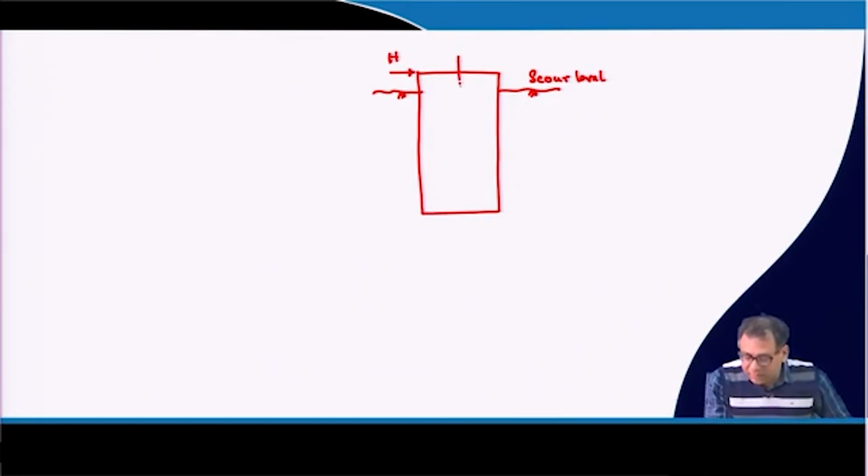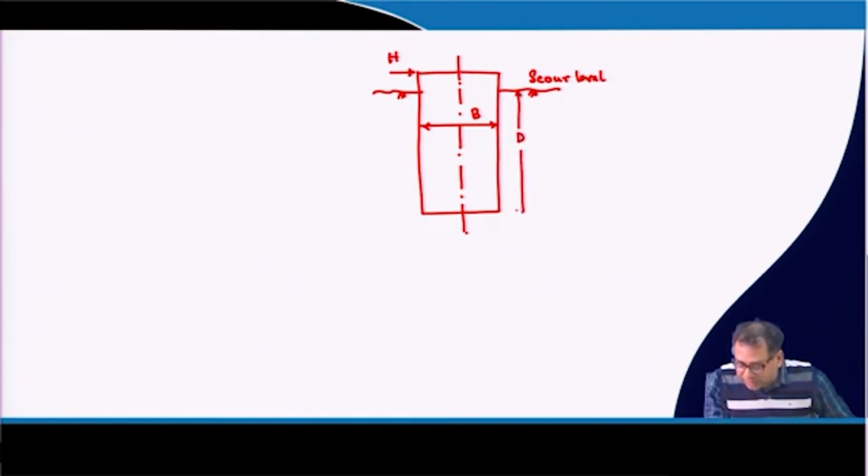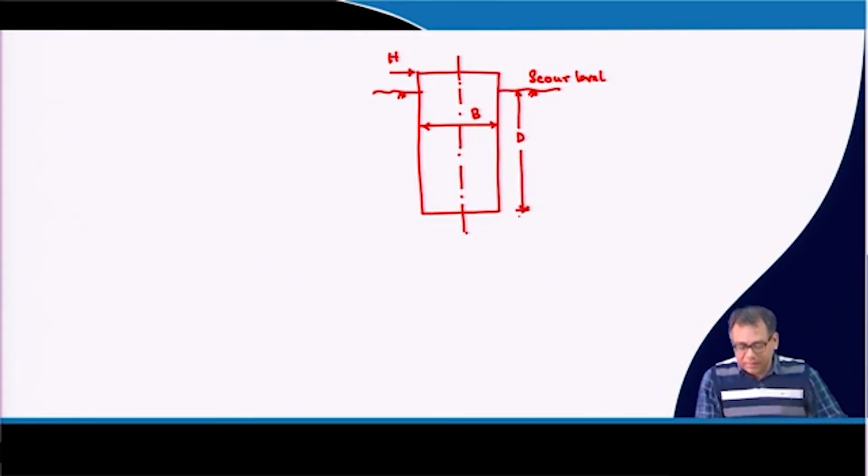Okay, this is the center line, this is B, and this one is the depth of well below the scour level.